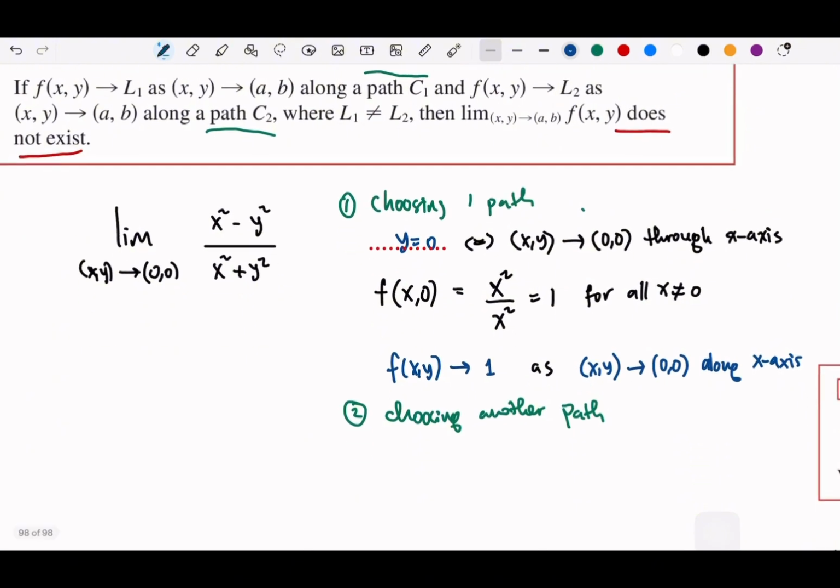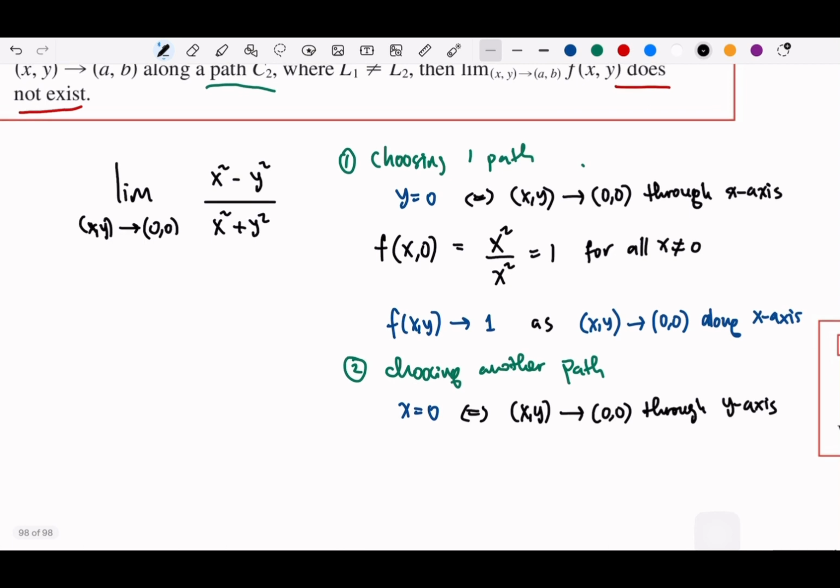Now, we can also choose x equals 0, which means the point will be approached through the y-axis, right? We take x as a constant 0. Then this will be equal to -1, for all y not equal to 0.